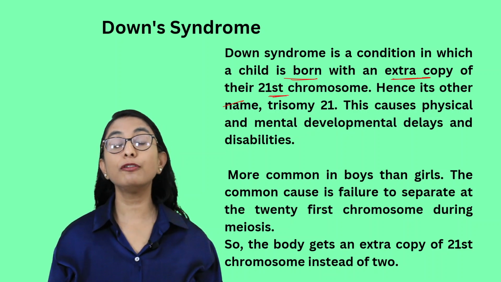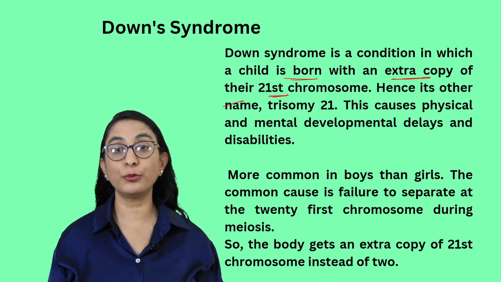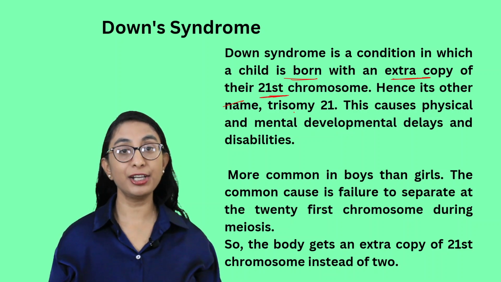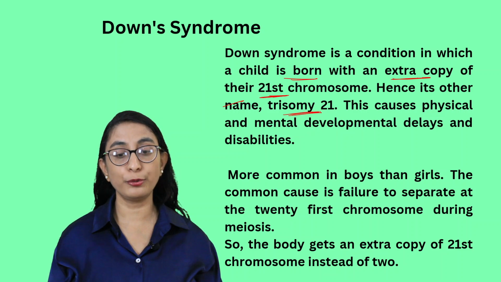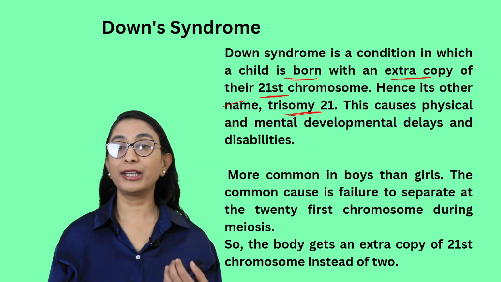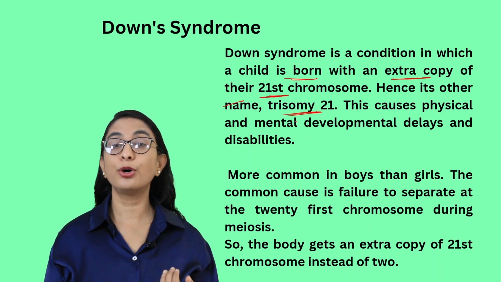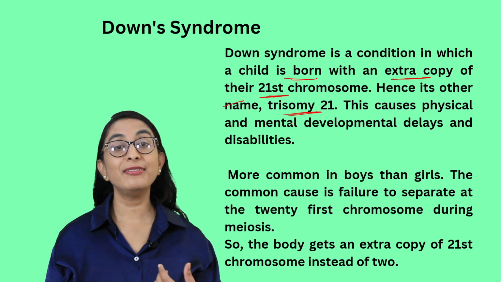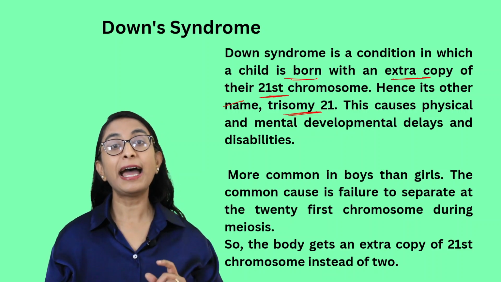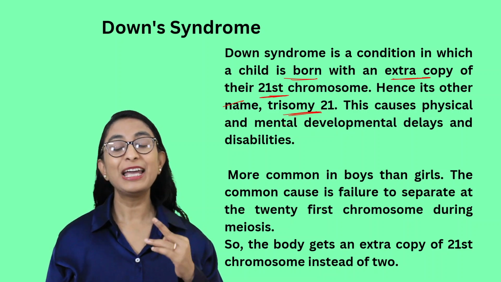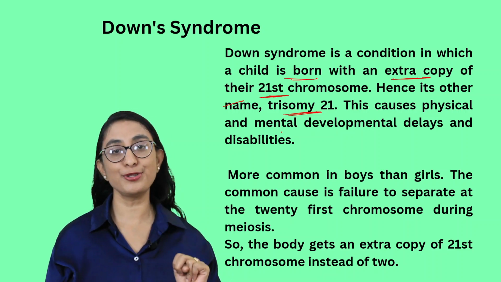So instead of two chromosomes at the 21st position, he will have three chromosomes, which leads to the condition called trisomy of 21. So Down syndrome also has another name. We can either call it Down syndrome or we can also call it trisomy of the 21st chromosome. When we say trisomy, it means addition of one chromosome which leads to three chromosomes in a place where normally only two chromosomes should be present.